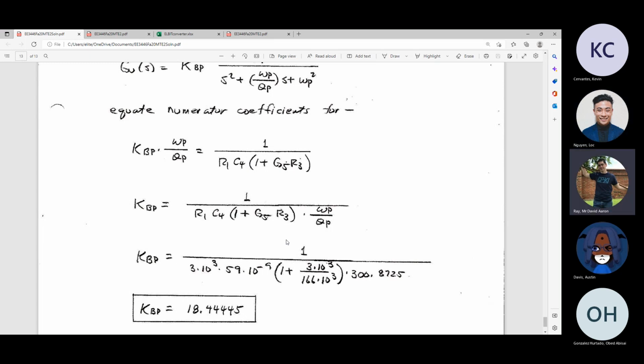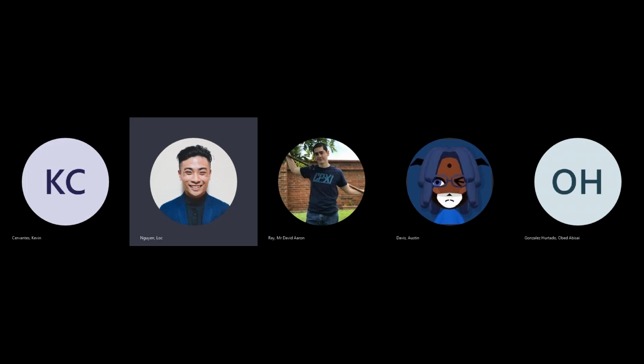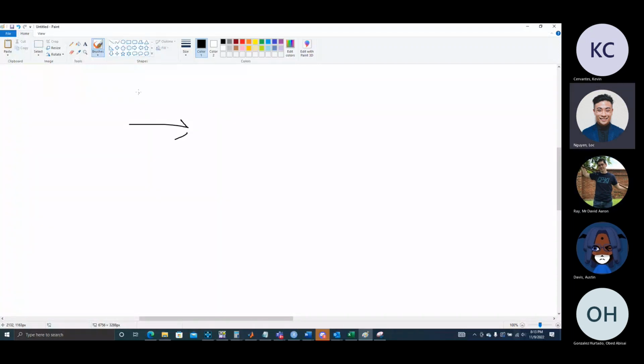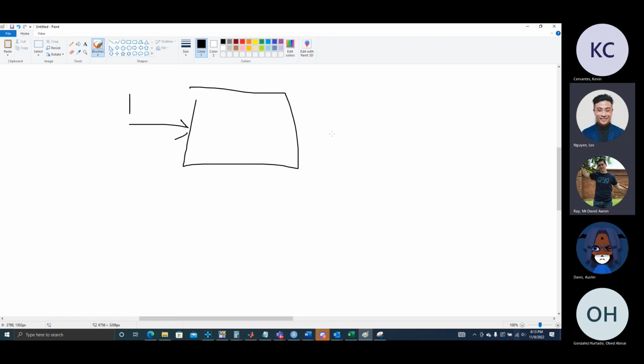It's more of just a multiplier. For instance, if KBP wasn't there, it's more like if I put in 1 volt and I get an output of 5 volts, then my gain is equal to V out over V in.